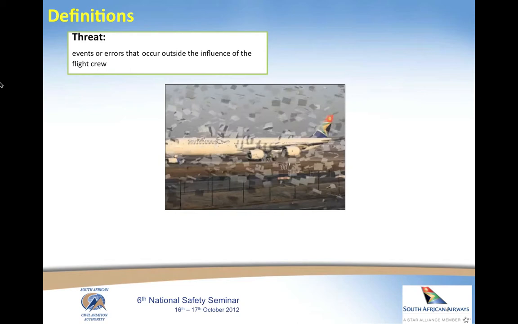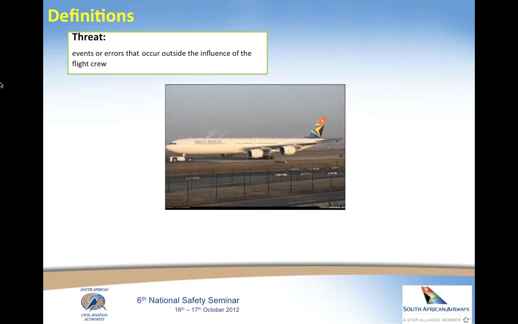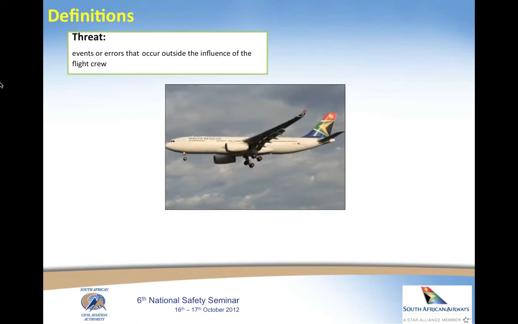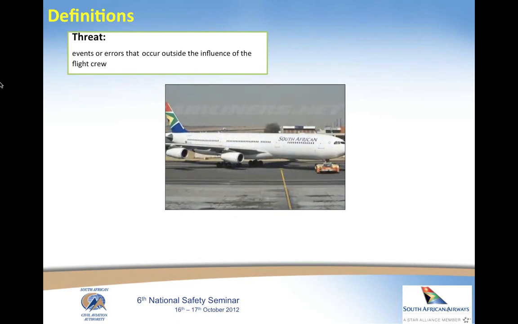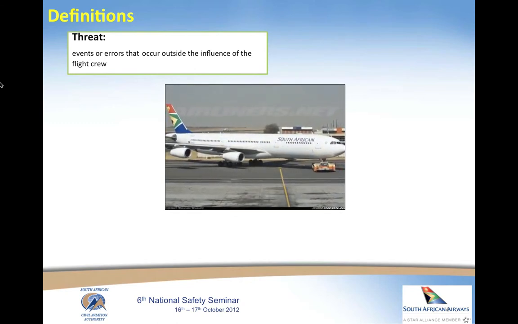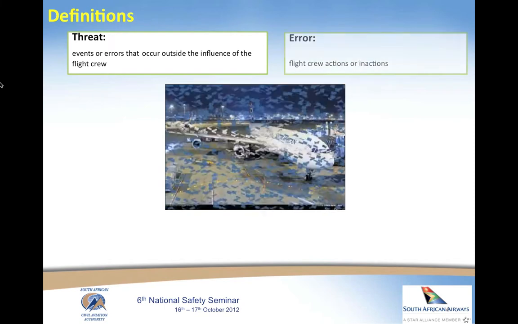A mismanaged threat is defined as a threat that is linked to or induces flight crew error. Some of the common tools and techniques used in commercial aviation to manage threats and prevent crew errors include reading weather advisories, turning weather radar on early, thorough walkarounds, and briefings during pre-departure, etc.